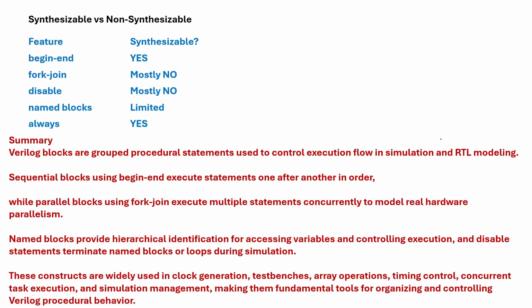Disable fork is also on the testbench side, not synthesizable. Named blocks, only some limited things we go for. Some names you can use, that is synthesizable, but only sometimes do you go for the names.